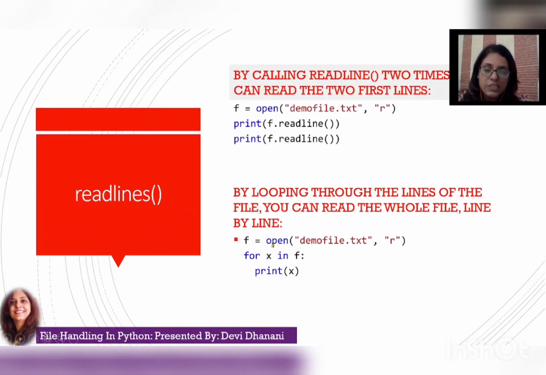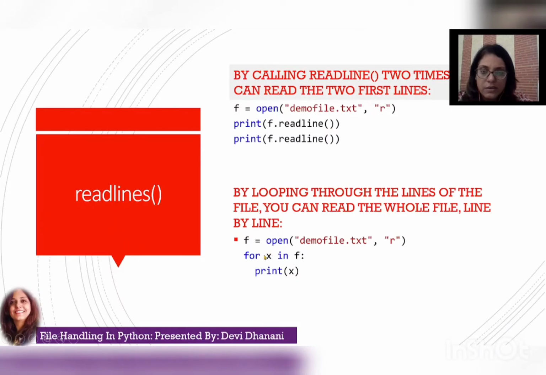As usual, the first step is to open the file using the open function, specify the file name along with the path in case the file is not stored in the same location. Specify the mode over here, r stands for read, and then save it in a file pointer, that is the object. Now to iterate over it, you can use a for loop.